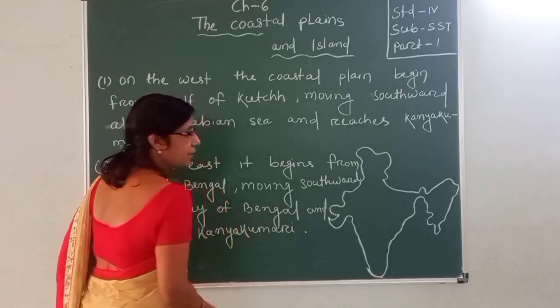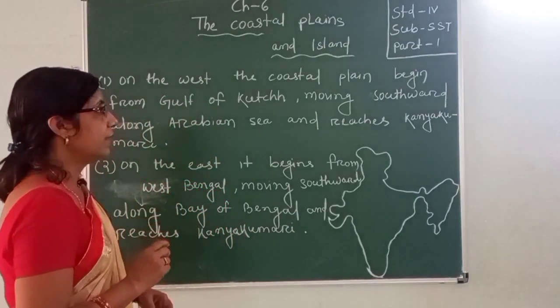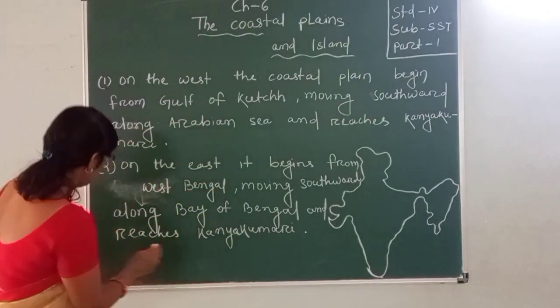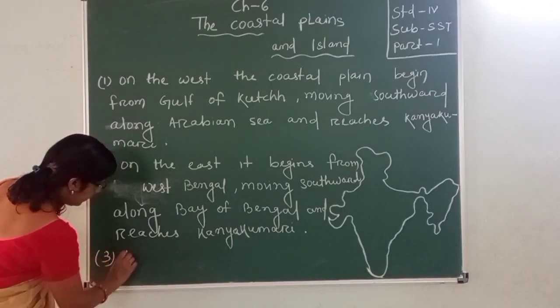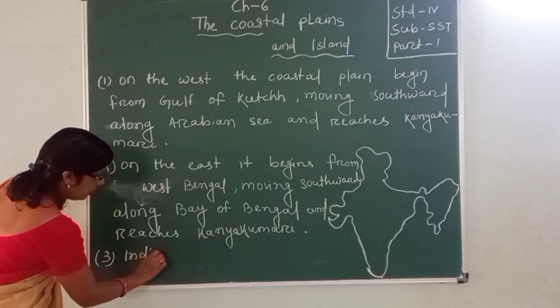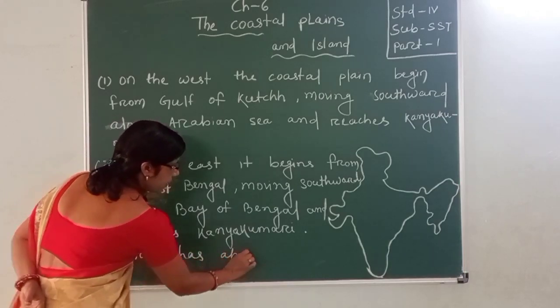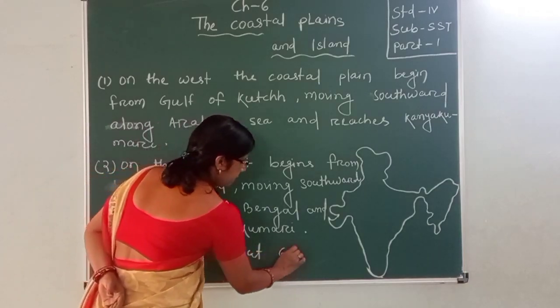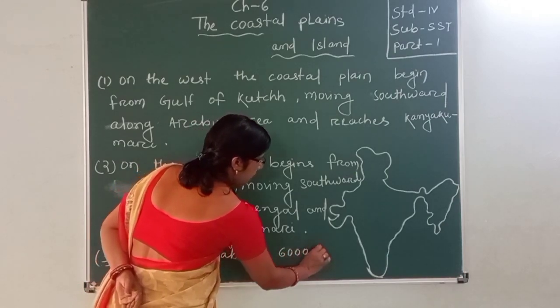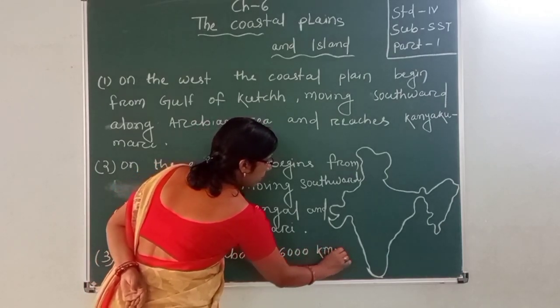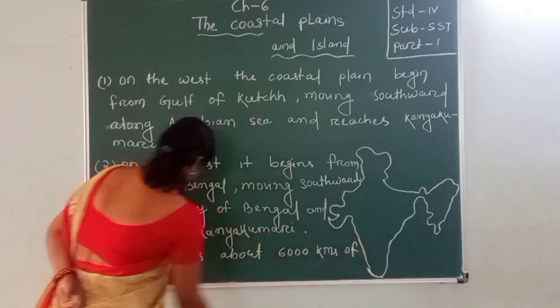India has about 6,000 kilometers of coastline.